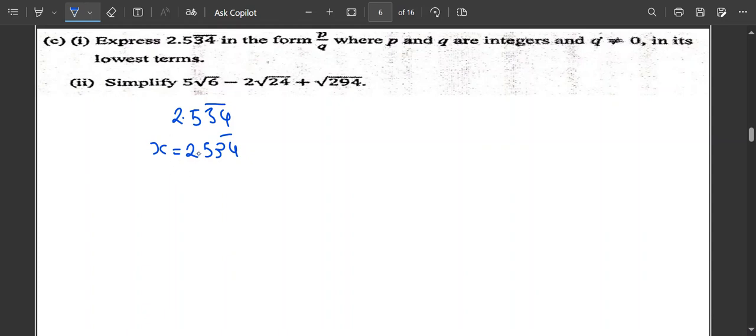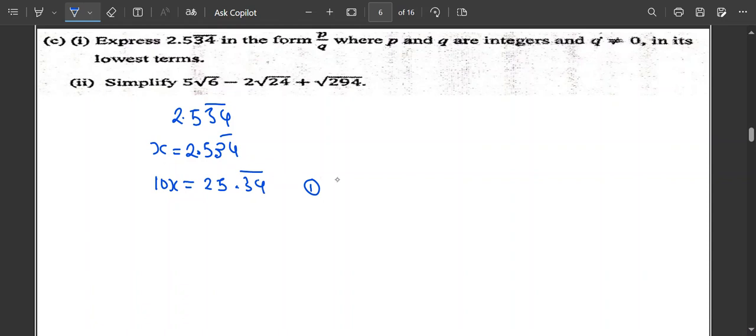So what you are going to do here, for me to bring this one, I'll multiply by 10 so that the point can come there. So this is 10x, you multiply throughout, that will be now 25.3434 bar, like that. So this is my equation 1, because I've shifted the independent. All the independent should be on the left of the point. Now the second equation, I want this one to come here.